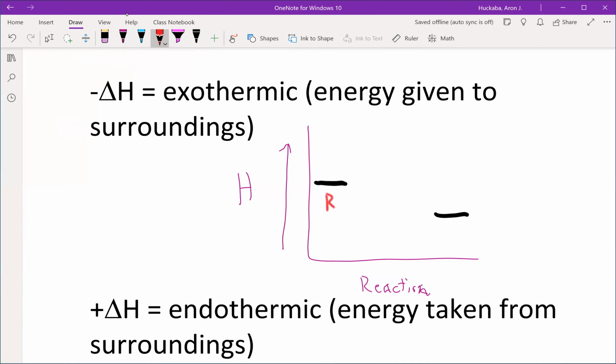So the energy will end up lower on the y-axis. That should be products here. And we can draw an energy diagram showing this happen. We'll get into what these things are in an energy diagram later, but we can show the negative delta H here.